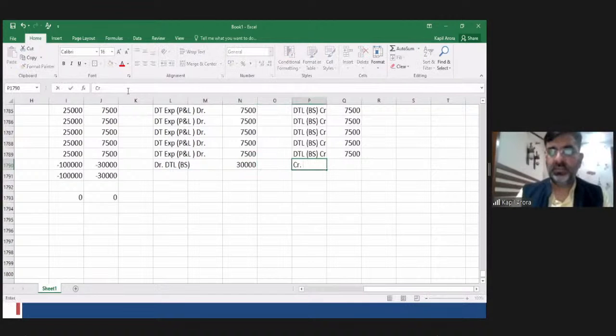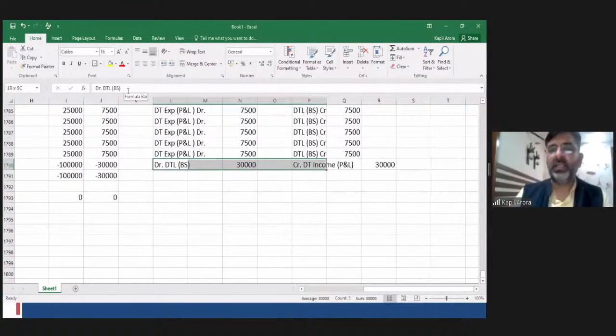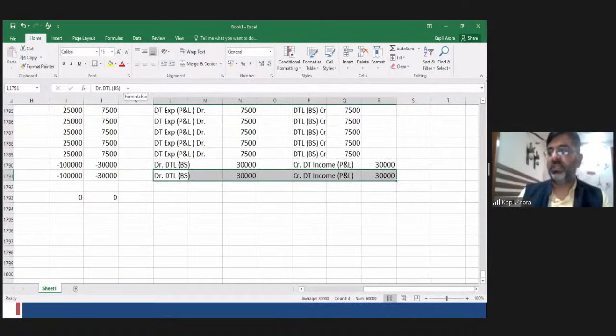Credit deferred tax income this time, because that is the reversal which is going to happen in the profit and loss account, which is 30,000. And the same entry will be passed in year 10 as well. Is that okay with everyone?